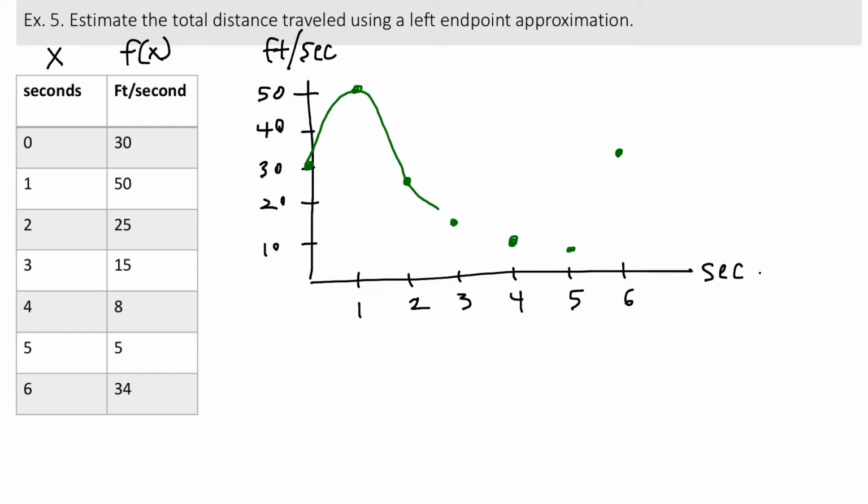The understanding here is we're not necessarily given all of the in-between values, but we're still going to assume this is a smooth curve. Then I'm going to draw in my partitions. I need 6 sub-intervals, 6 partitions.